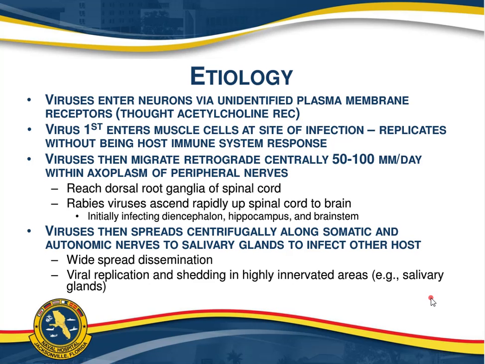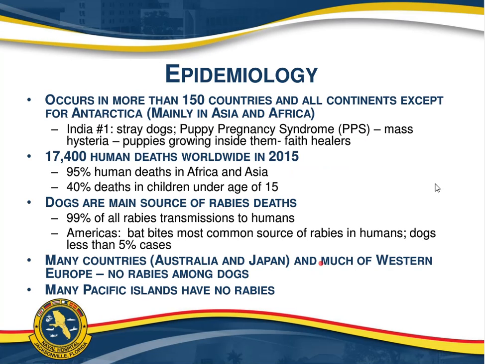Once it gets up to the spinal cord and the brain, it then spreads centrifugally outward to, for example, the salivary glands, which is what causes that appearance of that wild dog and the salivary response.